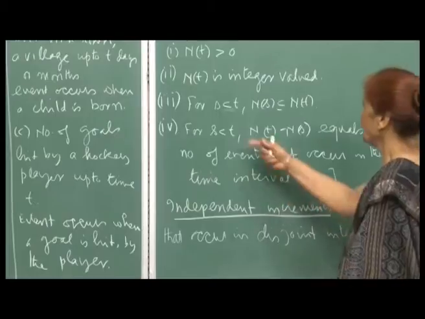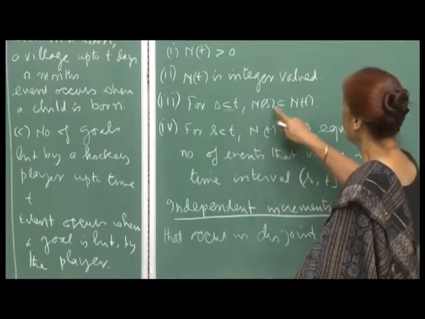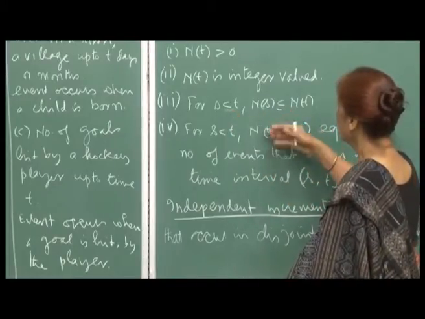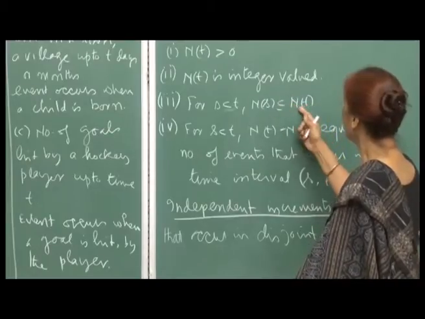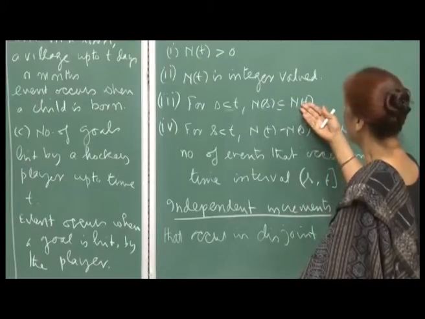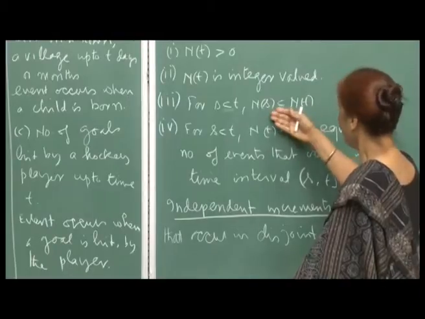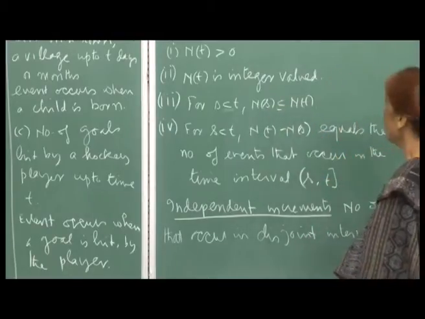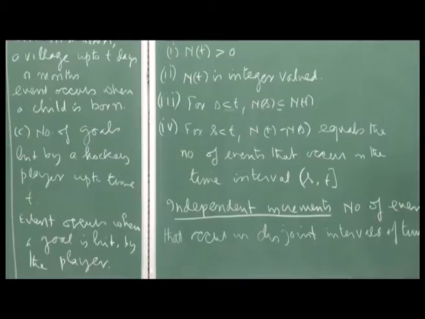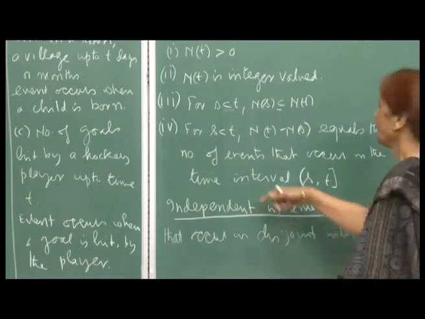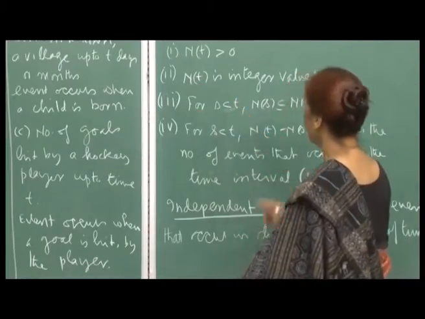And for s less than t, N(s) must be less than or equal to N(t). Either no event occurs in the interval after time s, or some event occurs, so N(s) is less than or equal to N(t).